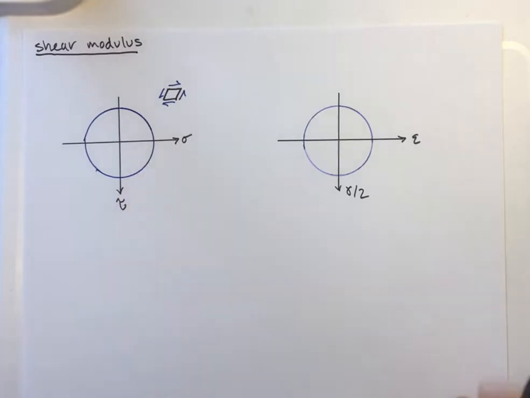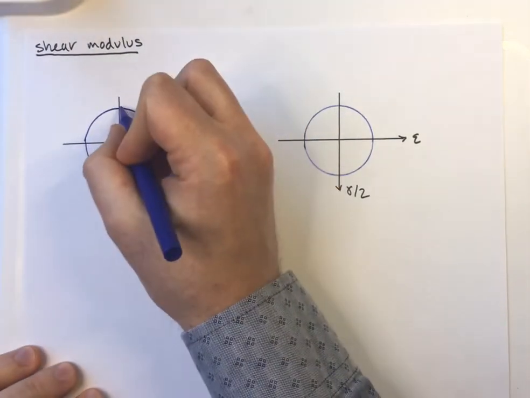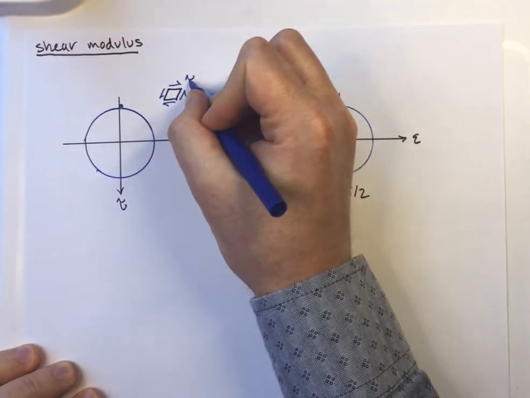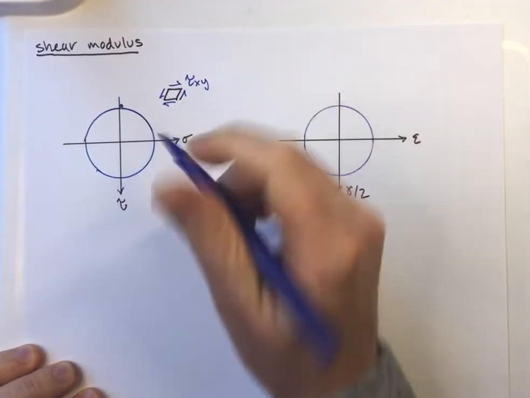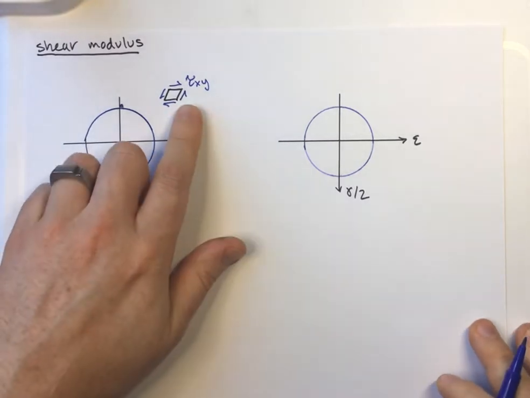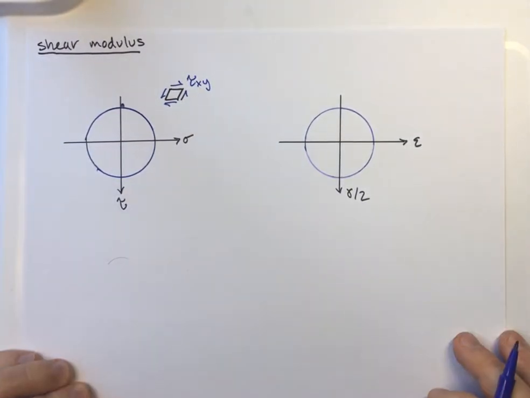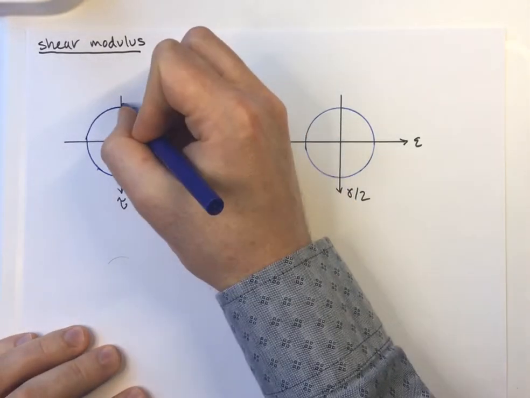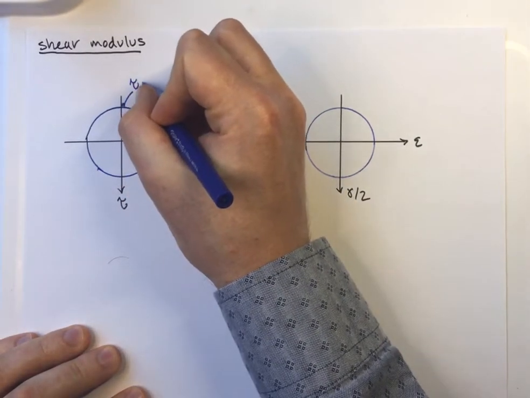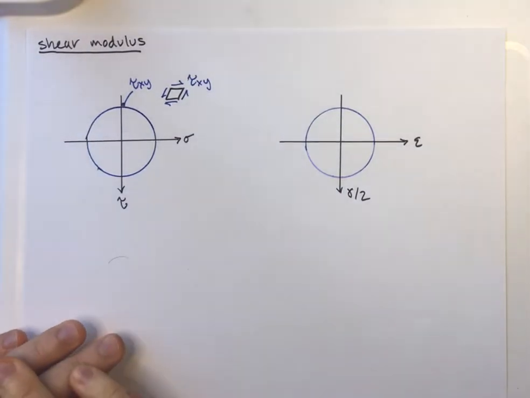And if we have this picture, this point here, we're going to assume that we're in the XY plane, just because it'll be easier to talk about. But you can imagine we could do this in any of the 3 planes. This guy is going to be tau xy.